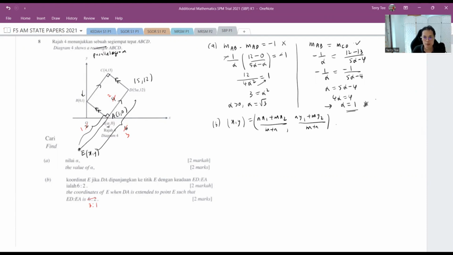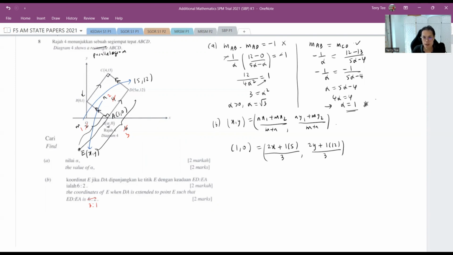The x, y should be a point in between, in this case 1, 0, point A. The coordinate and the ratio must be opposite. You must multiply with the opposite coordinate. So let's start with n, 2, I multiply with x. Then m is 1, I multiply with 5. My total ratio is 3, m plus n. Then 2 multiplied with y, 1 multiplied with 12, total ratio also 3.